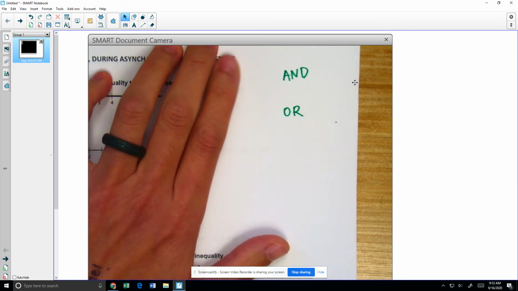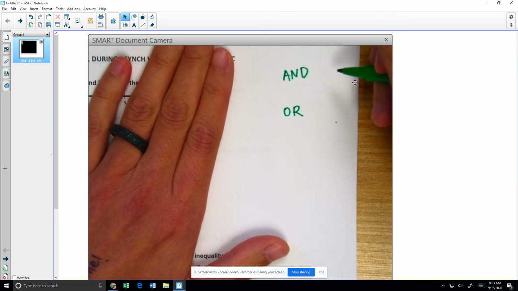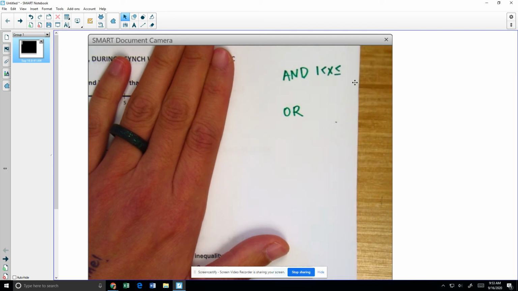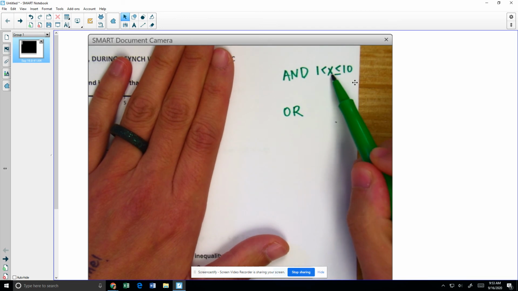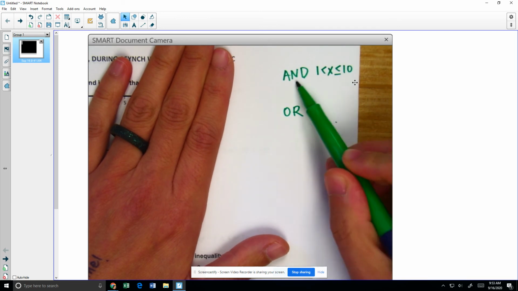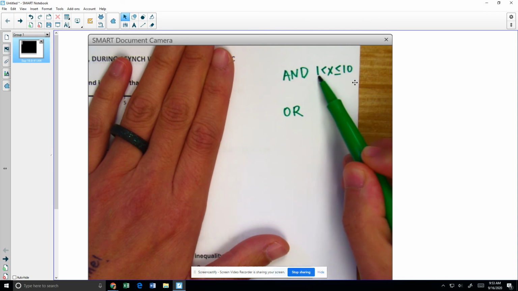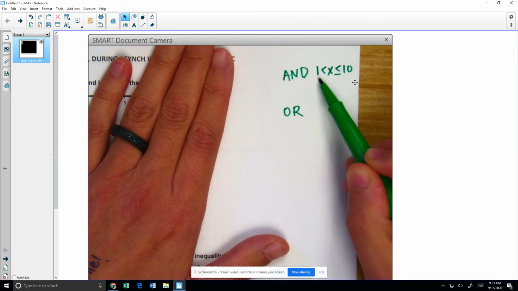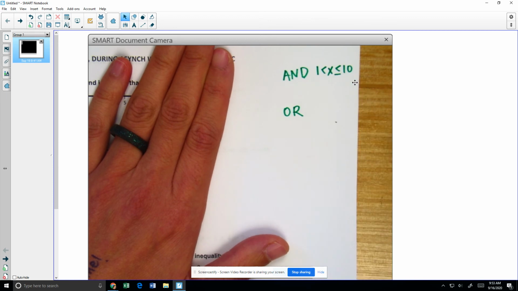The way that you know that something is an and is your inequality will look like one long sentence. It'll be like x is greater than 1, but less than or equal to 10. You see how these two things occur in the and? x has to be greater than 1, and at the same time, it has to be less than 10. So it has to be in that range.